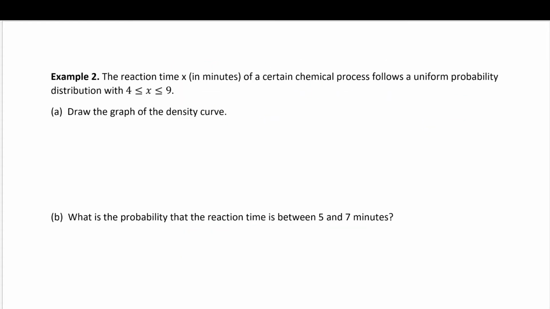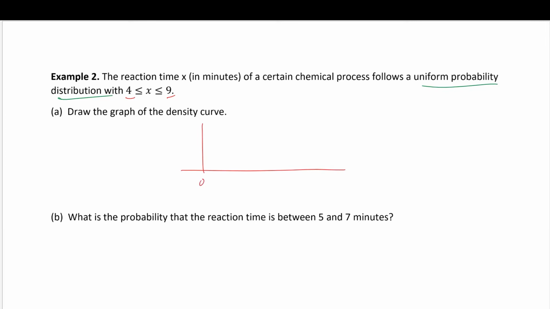Let's do another example. The reaction time x in minutes of a certain chemical process follows a uniform probability distribution. So they're telling us that it's uniform, and that time ranges between 4 and 9. Draw the graph of the density curve. Again, they told us it's a uniform density curve, so it only exists between 4 and 9.